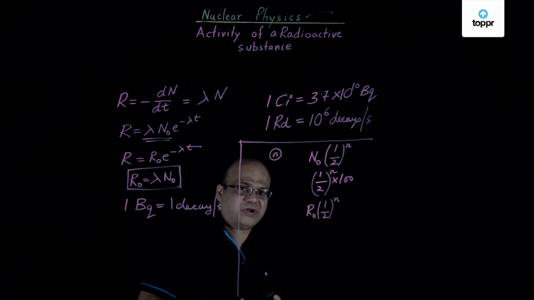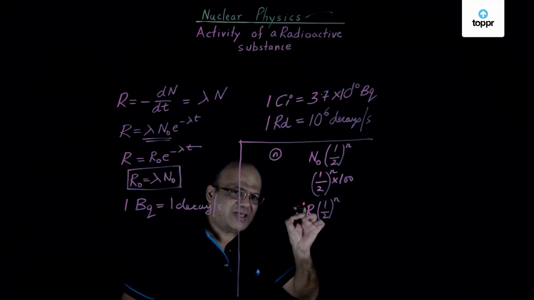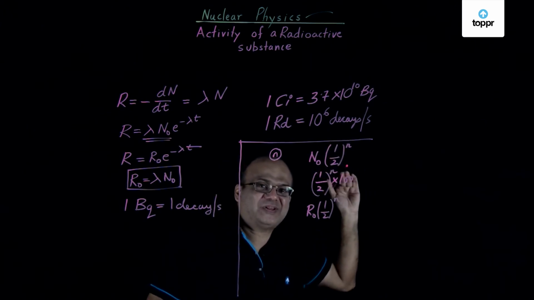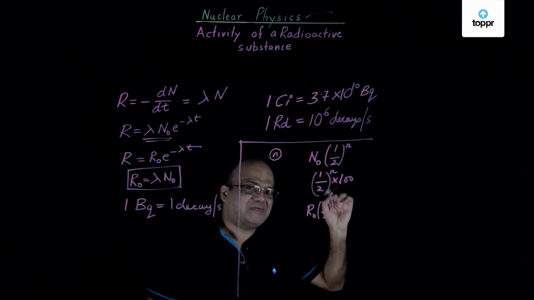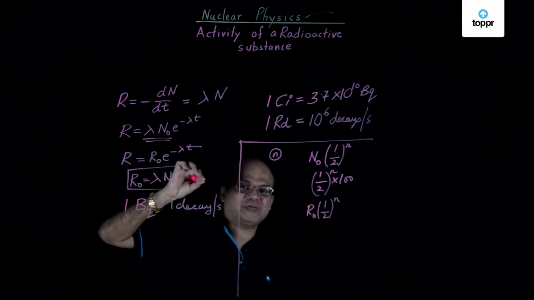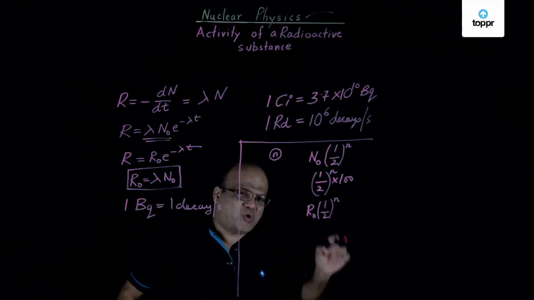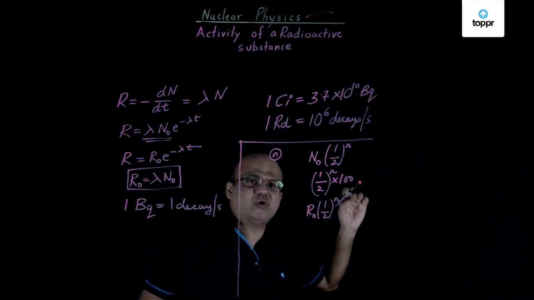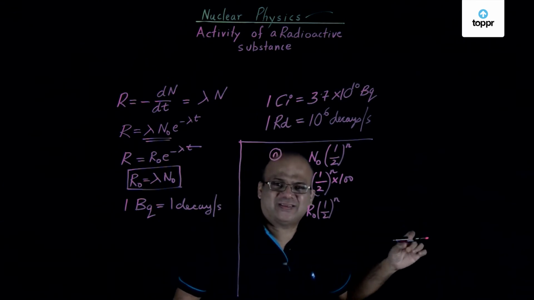Next important point about radioactivity. After n half-lives, the number is becoming half to the power n. And we know the radioactive decay law, N equal to N naught e to the power minus lambda t. What is the probability of survival of a nucleus at time t?